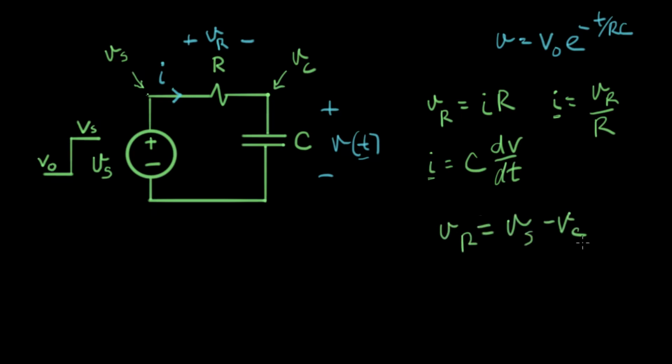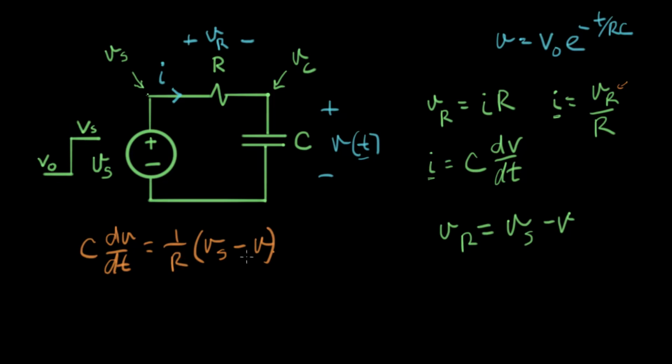Now what I'm going to do is set these two i's equal to each other, and at the same time plug in this expression, Vs minus Vc, for VR up here. It'll go in right here. So we can write C dV dt equals 1 over R times VR. VR is Vs minus V. I shouldn't write Vc, I'll just write V, because we don't need that subscript.